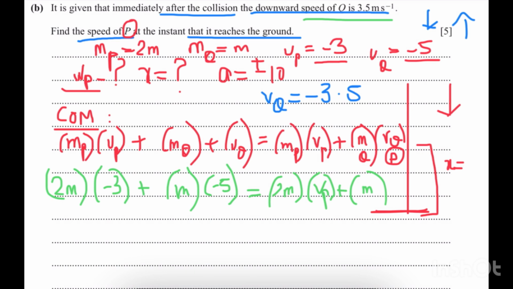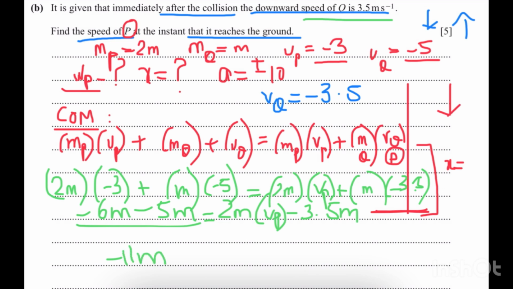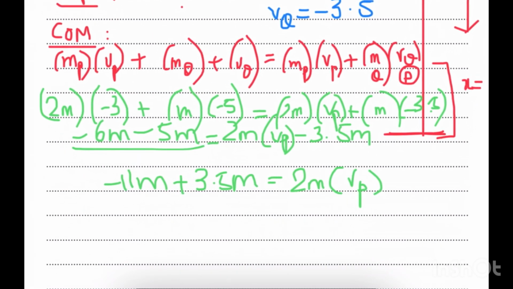So this will be negative 3.5. So this becomes minus 6m minus 5m is equal to 2m times the velocity of P minus 3.5m. So this becomes minus 11m, and this minus 3.5m goes to the left side, becoming plus 3.5m, is equal to 2m times the velocity of P.